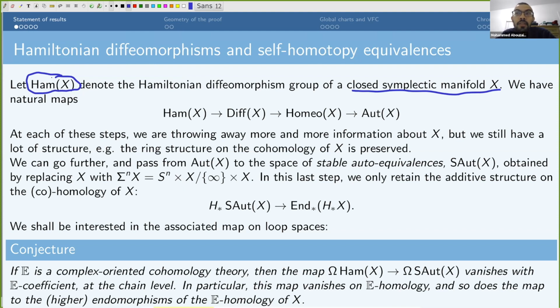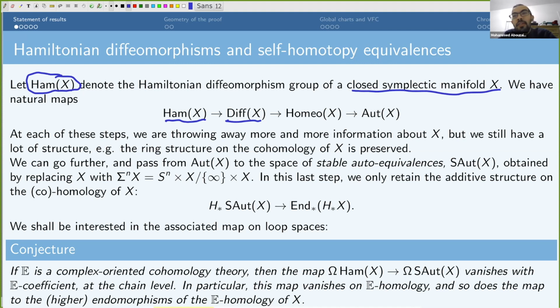And one way you could study this topology is to look at the inclusion of the Hamiltonian diffeomorphism group inside the diffeomorphism group. And the point is that the diffeomorphism group is extremely well studied. There's no higher dimensional manifold for which we can tell you, for example, what the topology is explicitly. There's no higher dimensional manifold for which we can compute all the homotopy groups and all the homology groups, but we can usually do this in a range.